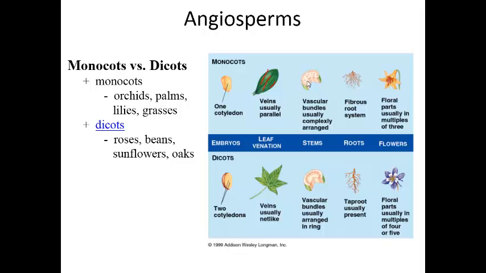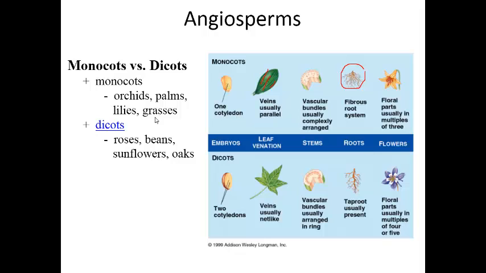These vascular bundles are going to contain xylem and phloem. They're going to have a fibrous root, not very strong. You notice that these plants are not very structural. They're not very tall. They're not able to withstand high winds. They have fibrous root systems. And their floral parts usually exist in multiples of 3.